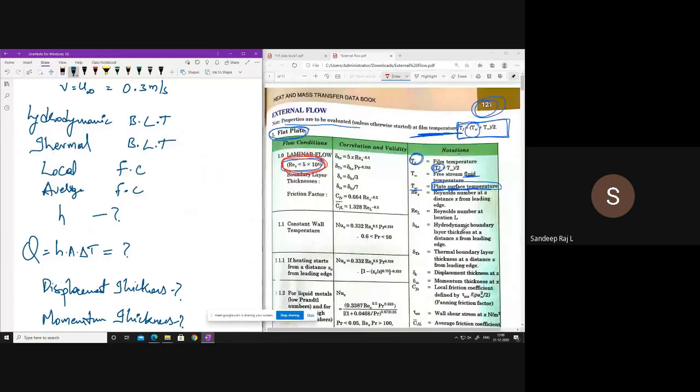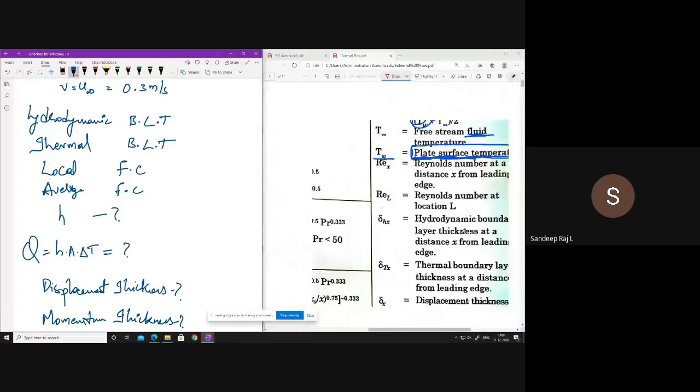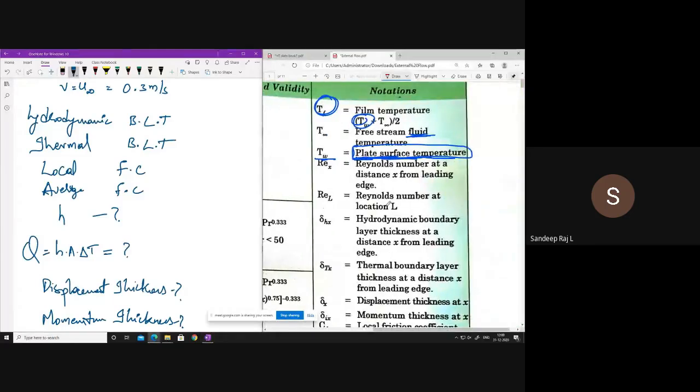You will get that. Okay, right here we can see what is called a hydrodynamic boundary layer. Delta Hx is the hydrodynamic boundary layer thickness.